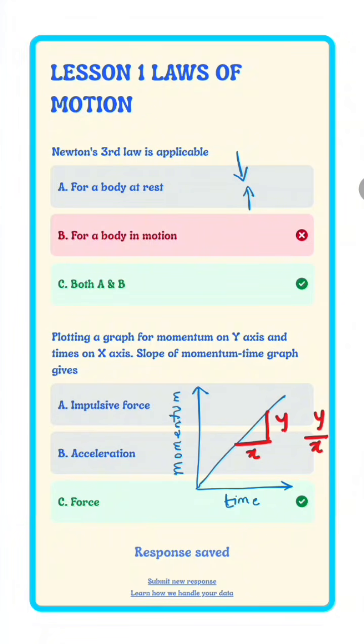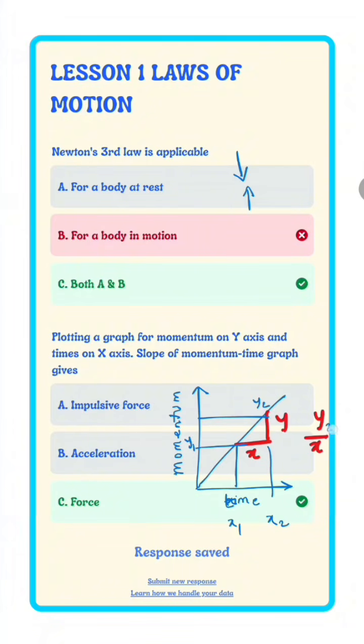Your fourth question: plotting a graph with momentum on the y-axis and time on the x-axis, you are finding the slope. Slope is generally y by x, rise over run. Take this point as y2 and this as y1, this point is x1 and here it is x2.